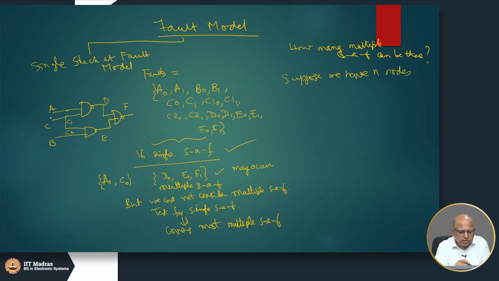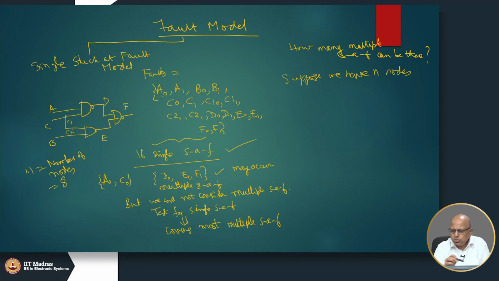What I mean by nodes is this: A, C, B, C1, C2, etc. In this case, n is the number of nodes. That is 1, 2, 3, 4, 5, 6, 7, 8.